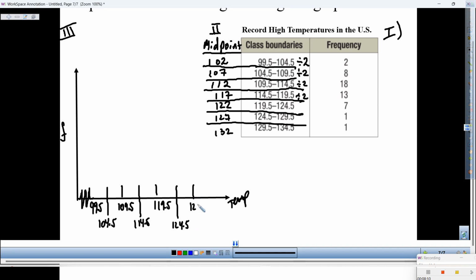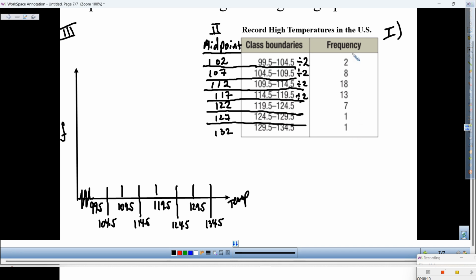Next, 129.5. Next, 134.5. And notice how I stagger down here on my x-axis, because since we're dealing with 3 or 4 digits, it doesn't fit. It's going to be too crowded, so that's why I put one staggered from the other. All right. So that's my temperatures, all the way from 99.5 to 134.5.